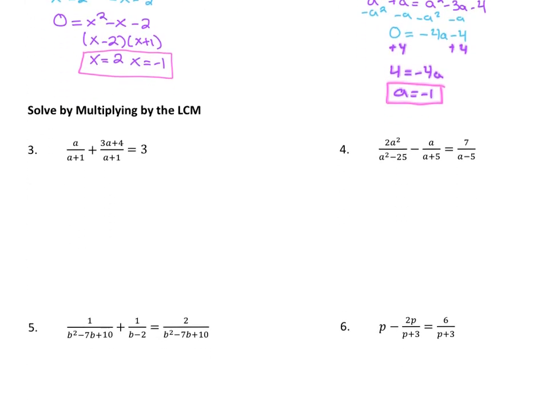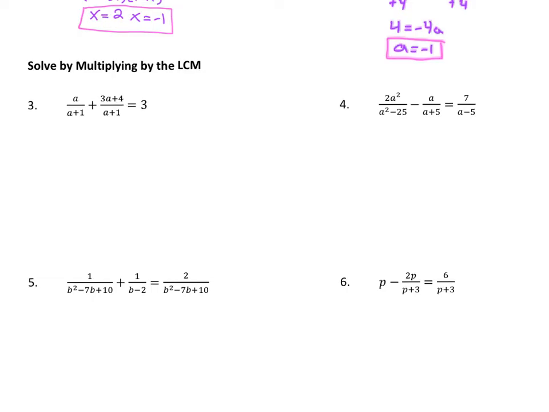If we look at example 3, now I have an addition equal to something else. So the way I'm going to solve this is by finding the LCM, or the least common multiple, or in this case, we're also going to call it the LCD, or the least common denominator. So remember, my 3 is technically over 1. So my goal is for my equation to get the same denominator all the way across.